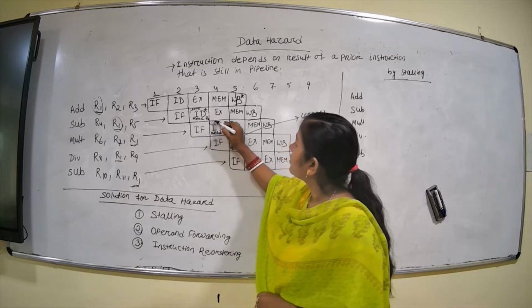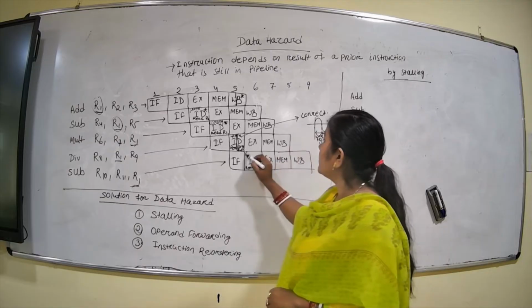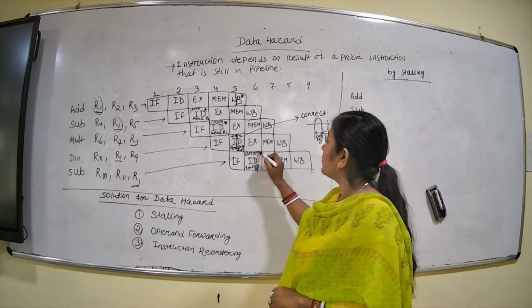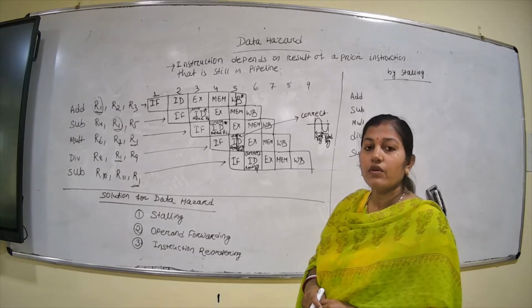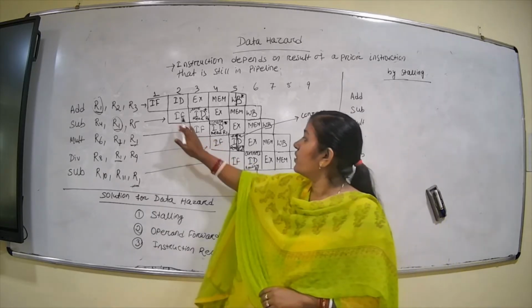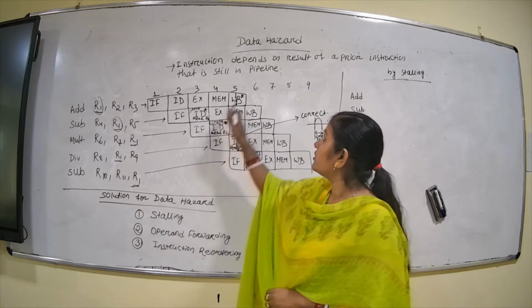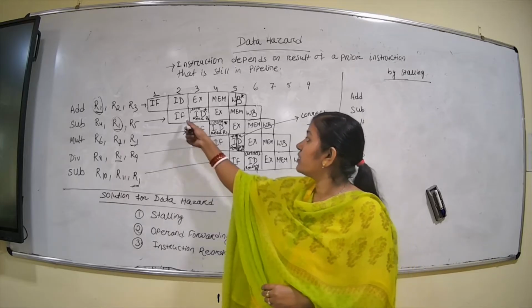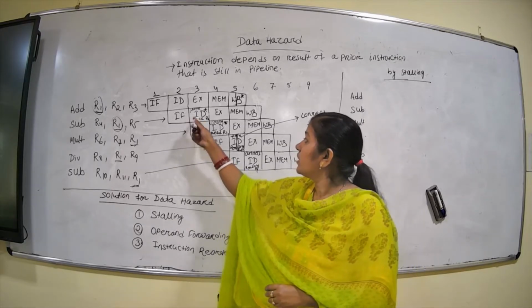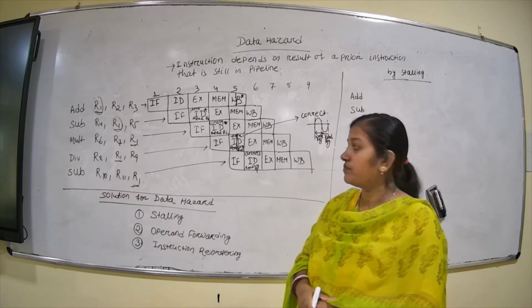Again here the wrong one, but here the correct one. The last one is also correct because it occurs at the 6th clock cycle. For instructions 2 and 3, we get the wrong value of R1 because it is produced at the 5th clock cycle. So at clock cycles 3 and 4, we will get the wrong value of R1.